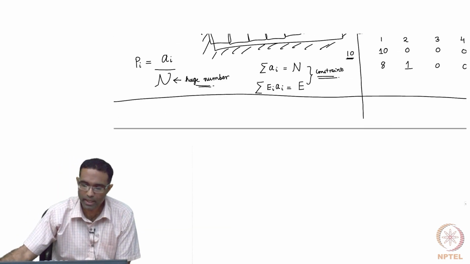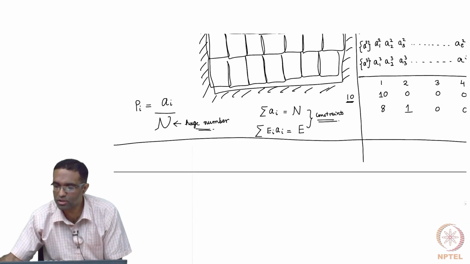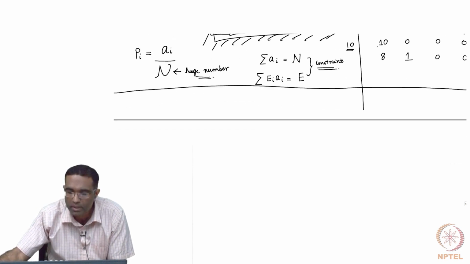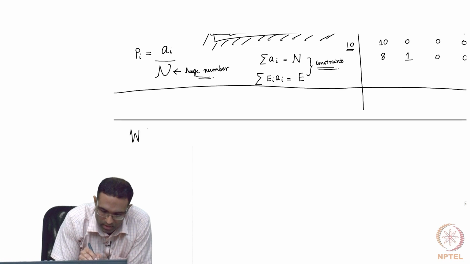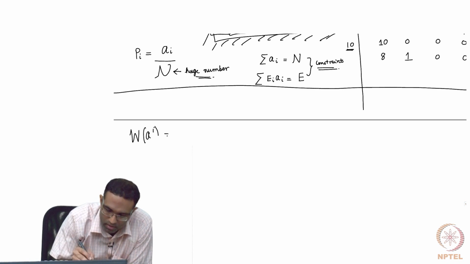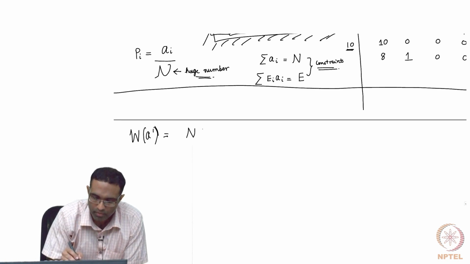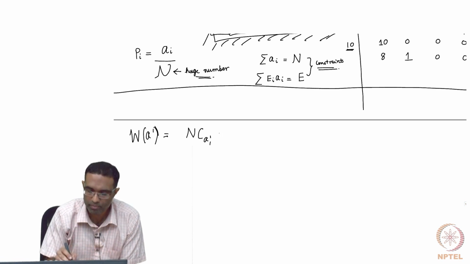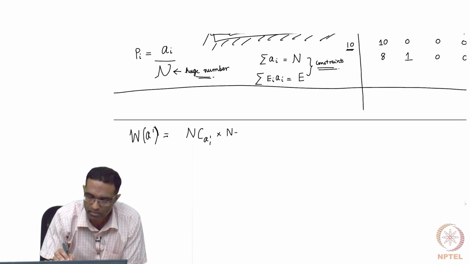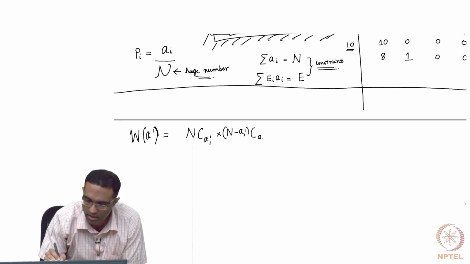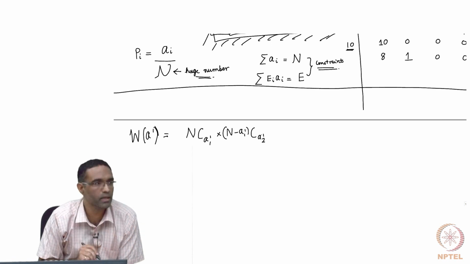So how many ways can a particular distribution be realized? The number of ways this particular distribution A1 superfix 1 can be realized is nothing but n C A11, taken A11 at a time, multiplied by (n minus A11) C A21, taken A21 at a time, right?